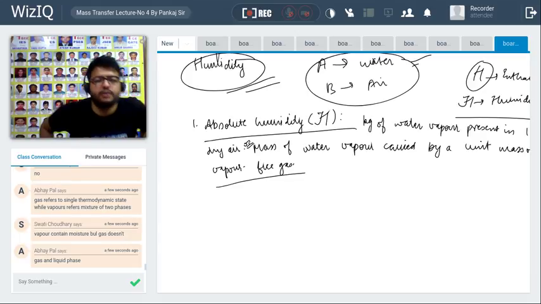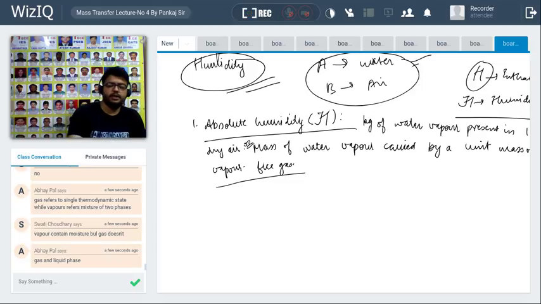This is the definition of absolute humidity. Humidity concepts are more important for mechanical engineers, and they deal with mass instead of moles, so the term absolute humidity is used in this way.